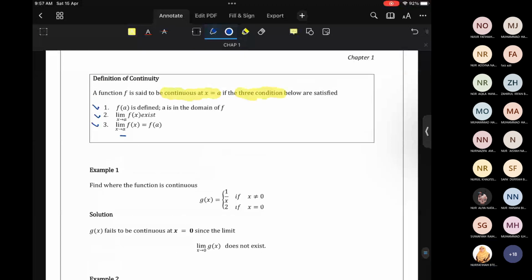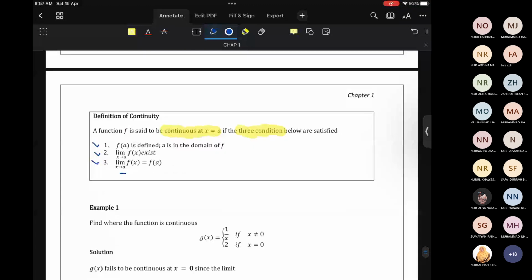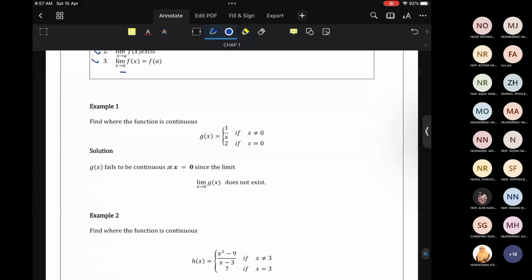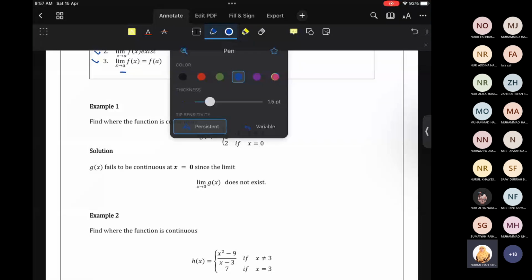Okay, for this one, find whether the function is continuous. So, macam mana cara untuk kita tentukan dia continuous ataupun tidak? Okay, so firstly, we are going to identify our f(a).